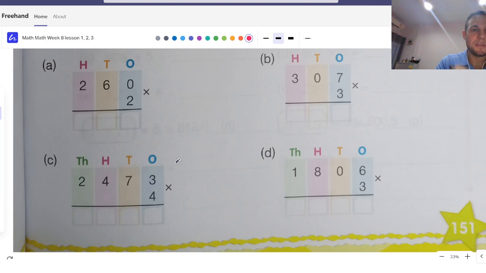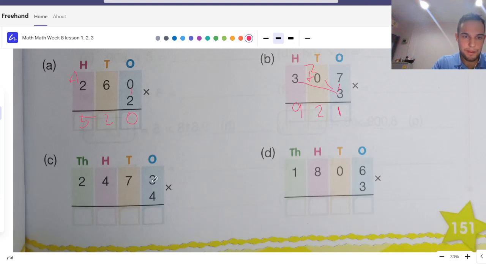Next is A, B, and C. 0, 12, and 5. Because we have 2 times 2 is 4, plus 1. 520. Now we have 3 times 7, 21. 3 times 0 is 0, plus 2. 3 times 3 is 9.